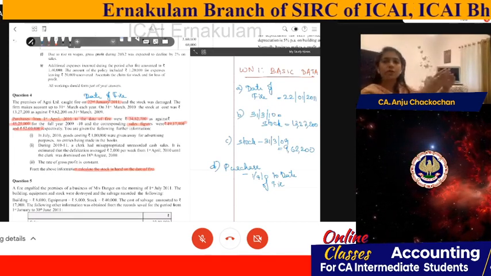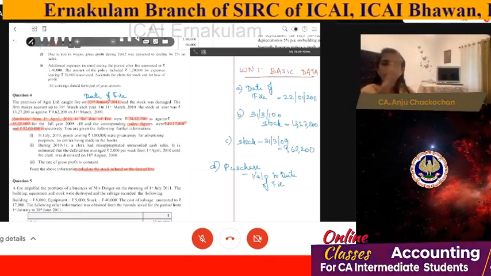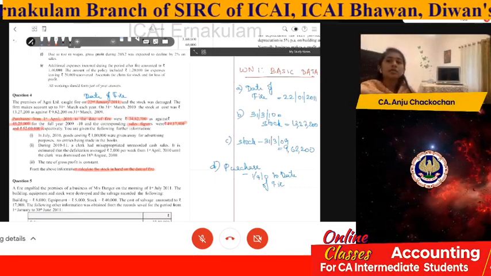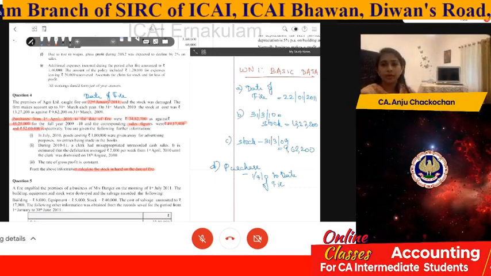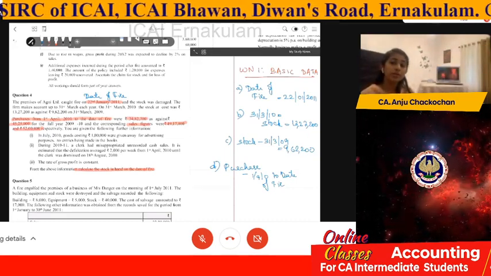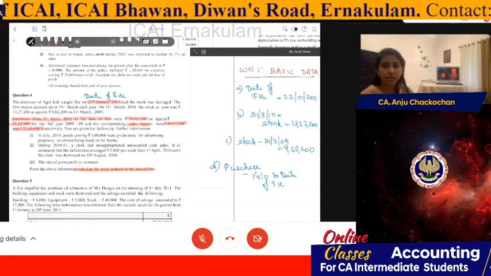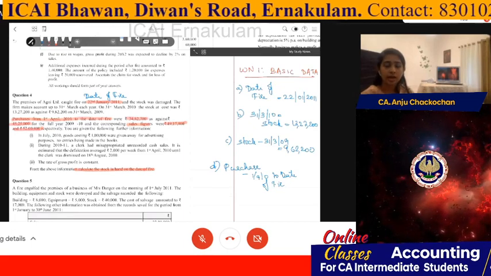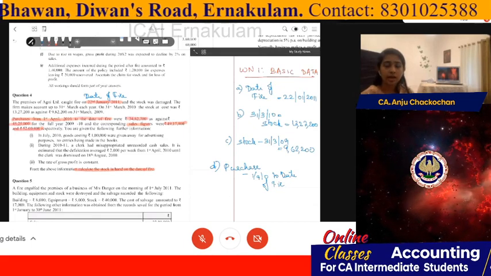The opening stock, the purchases, the wages, manufacturing expenses if there, the sales and the GP amount should be there. But in this question, the GP percentage is not straight away given.